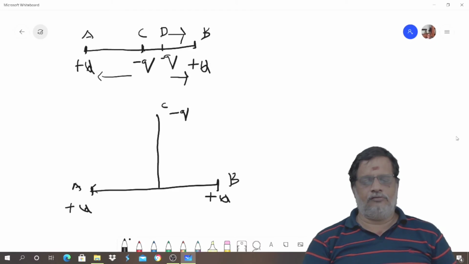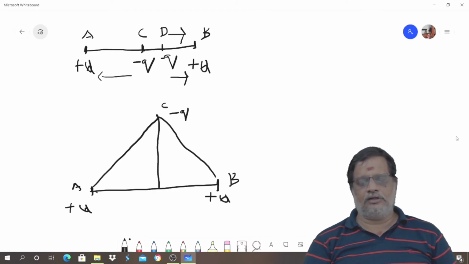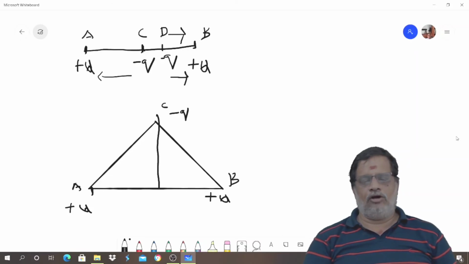So this is the force, this is the line along which the force acts, and this is the line along which the other force acts. Now this force is towards A and this force is towards B, because it's basically an attractive force.